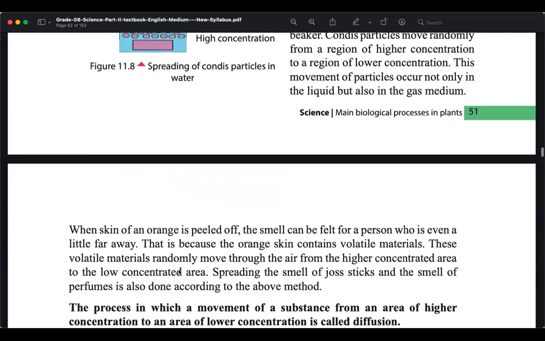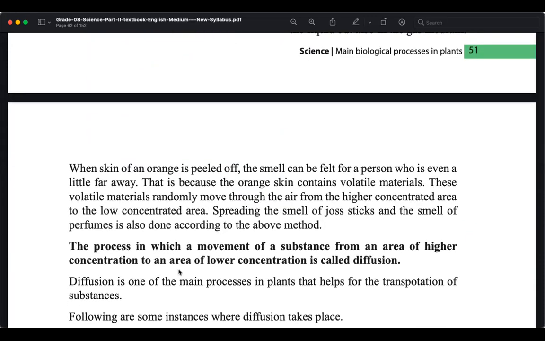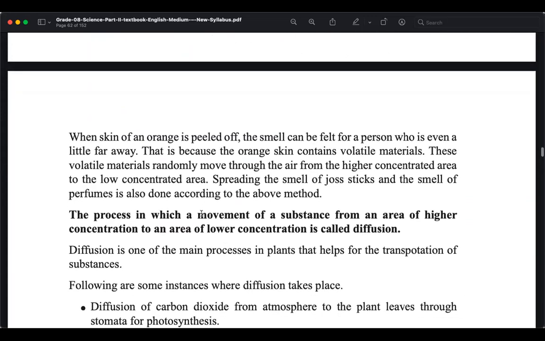Please put a dash and write: Movement of substance from higher concentration area to lower concentration area. You can even say movement of volatile substance. That is also okay.